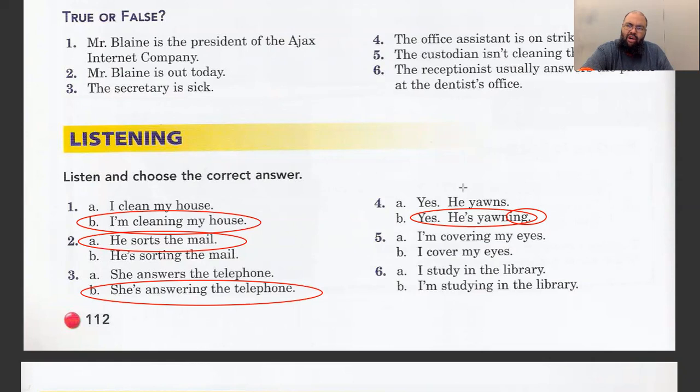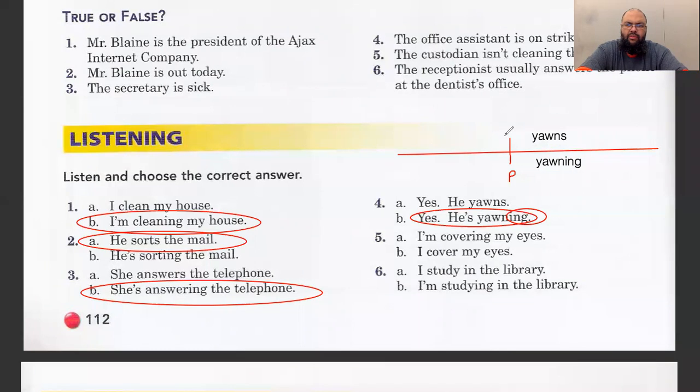When you look at he yawns, this doesn't say when it happens. So in other words, let me do this to help you illustrate. Number four, right? This is a timeline. This is the present, right? If we say he yawns, it means that, let me type the word here, yawns. And let's do here, yawning, right?